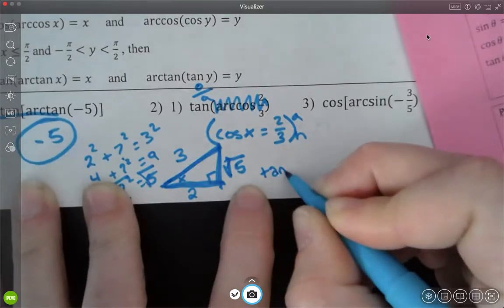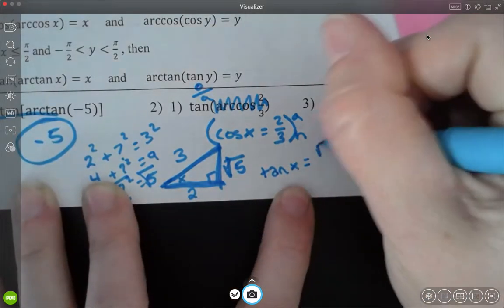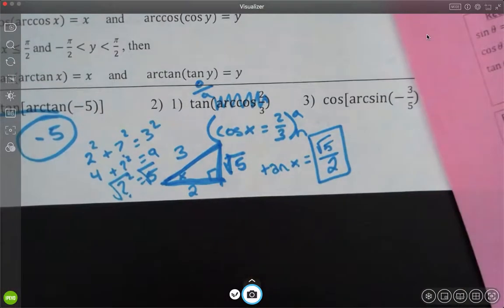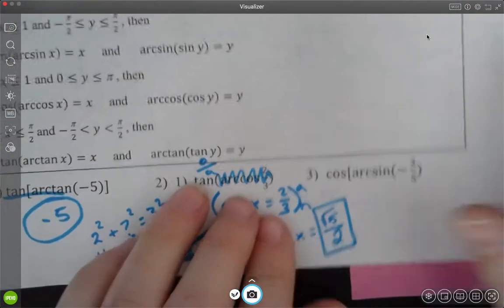I'm going to write tangent of x equals opposite, square root of 5, over adjacent, 2. Does that make sense? Yes? Now, can we just cross 3 out? No. Cosine and arc sine do not cross out.